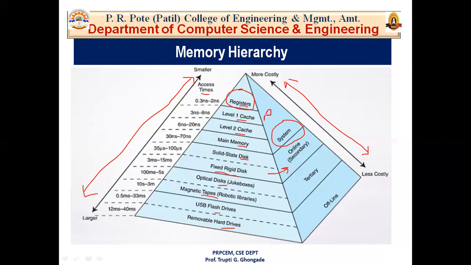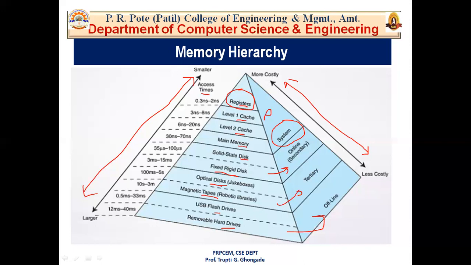This is primary storage. Then optical discs and magnetic tape are tertiary storage. This is primary, this is secondary, and this is tertiary storage. And USB flash drives and removable hard drives are offline storage. Then let's go to the details of this.